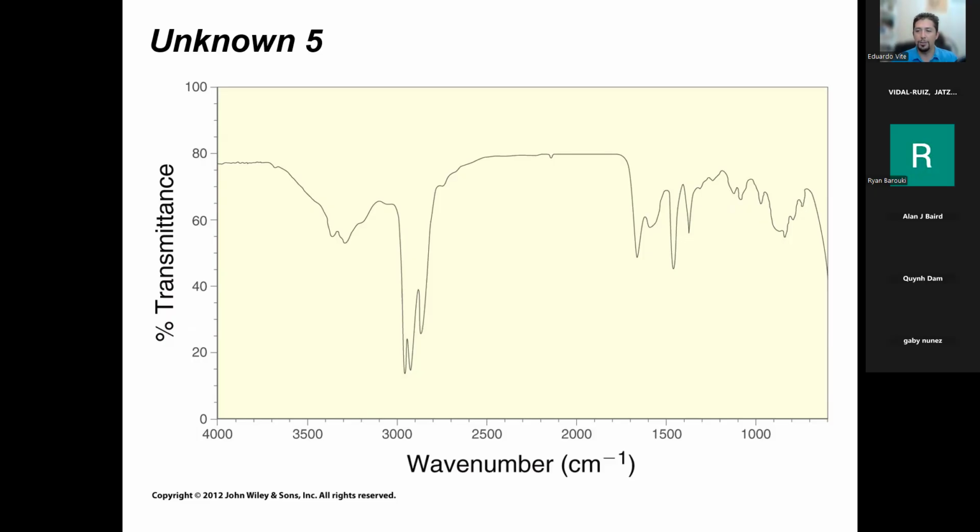Which is it? How can we tell what it is? Exactly. The intensity would be stronger and it would be smoother if it was an OH. So if it was an OH, it would look just like this. It would be roughly in the same region, but it would look a lot more smooth. Something like that. A lot more strong.